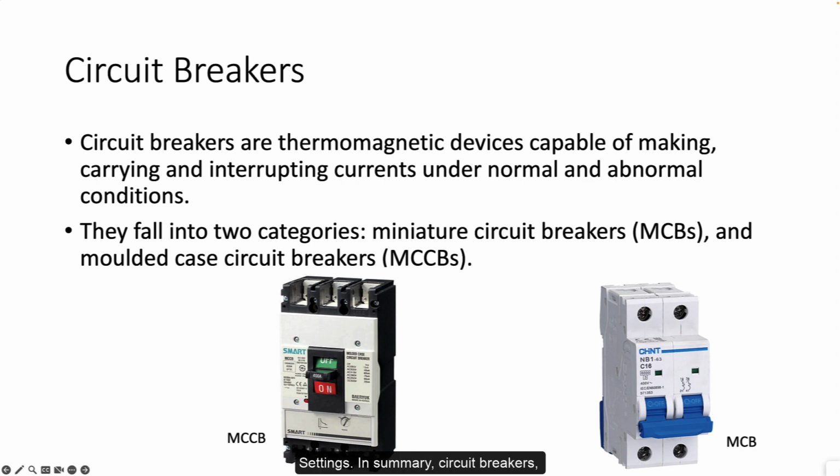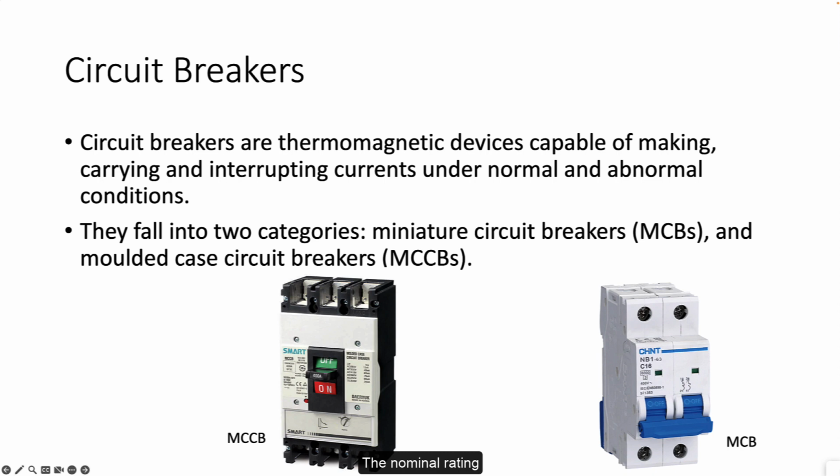In summary, circuit breakers, whether miniature or molded case, are crucial components in electrical systems. They ensure the safe and reliable operation of electrical circuits by responding to abnormal conditions and interrupting the flow of current when necessary to prevent damage and hazards.